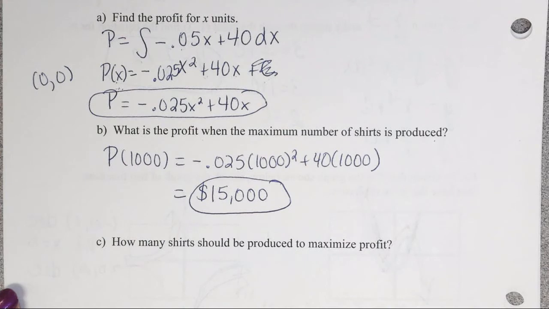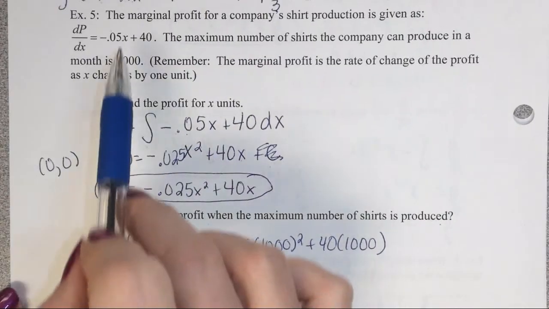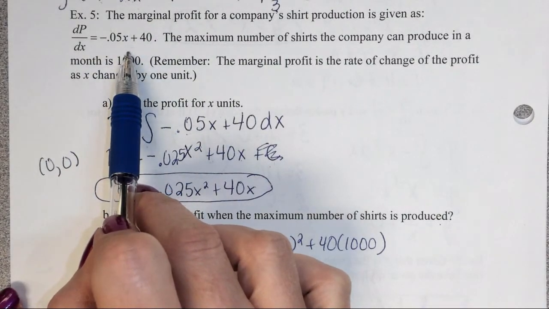That's pretty good. But in part C, it says how many shirts should be produced to maximize their profit. Does anyone remember how we do that? How do we find the maximum profit? Take the first derivative and set it equal to 0, right? But don't we already know the first derivative? That's what we were given, wasn't it?